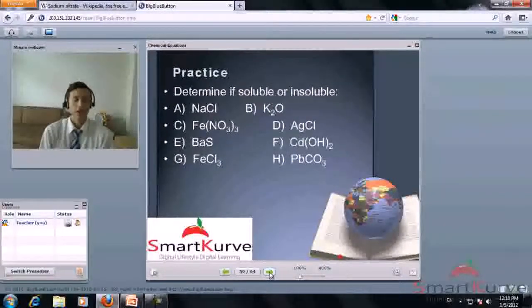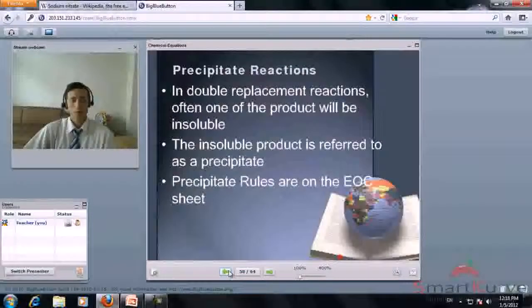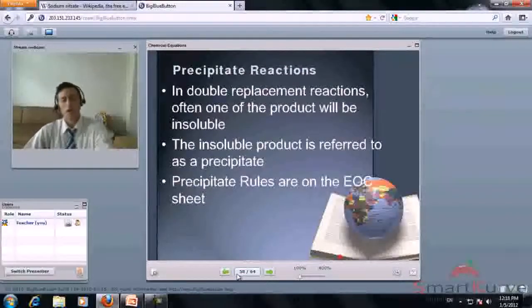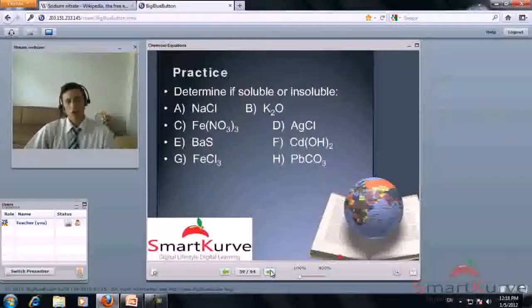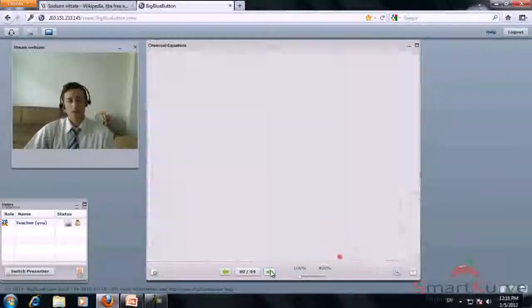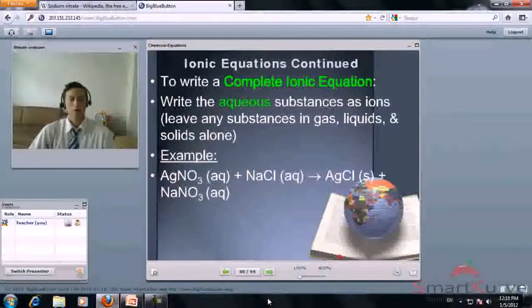Determine whether each is soluble or insoluble. Our rules there are on the EOC sheet. So use your EOC sheet to do the practice problems on slide 59. Okay, to write a complete ionic equation on slide 60, write the aqueous substance as ions.